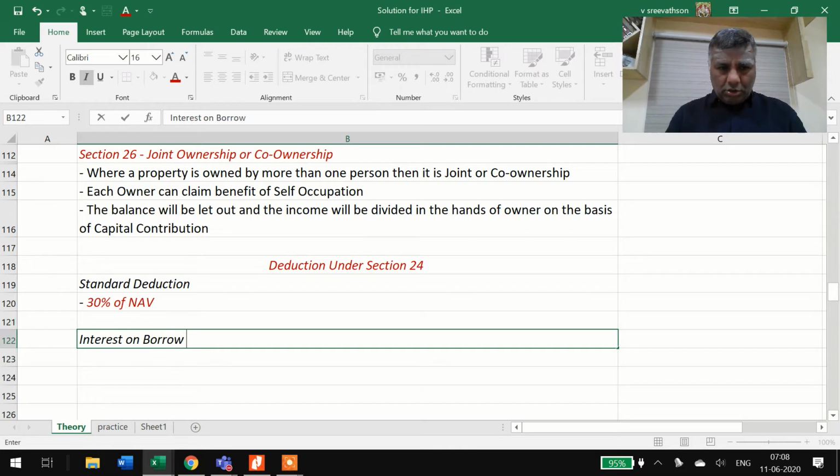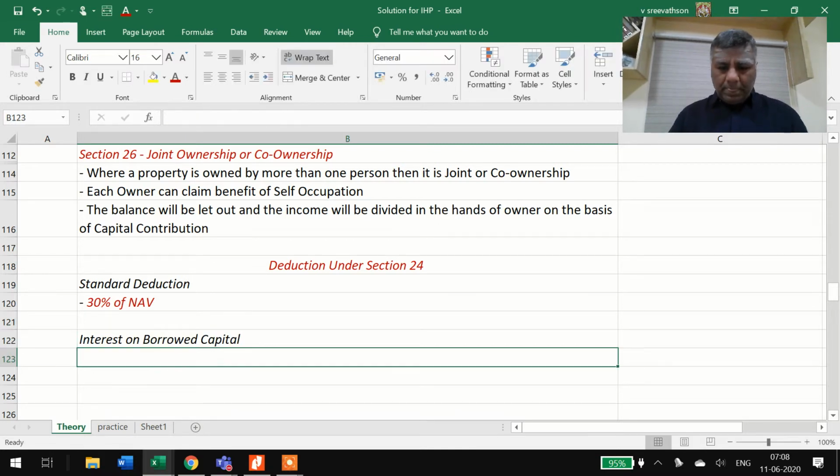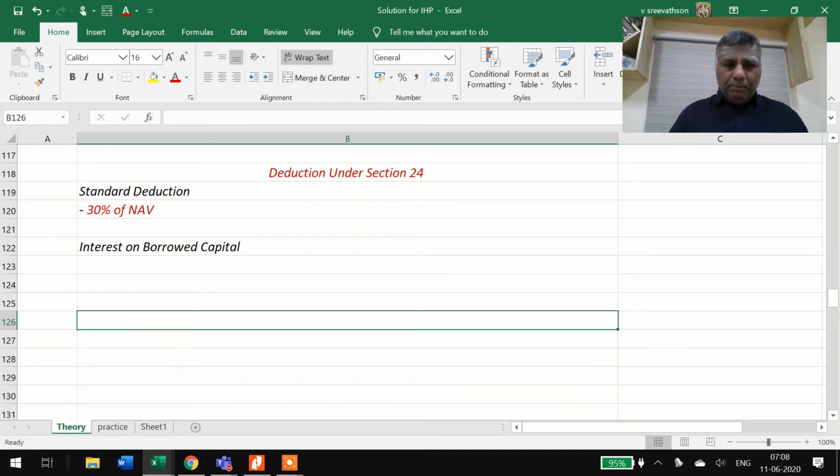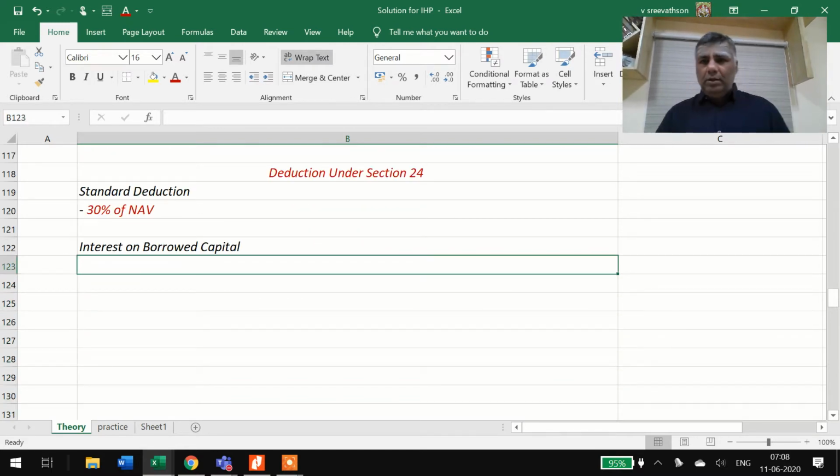Interest on borrowed capital. What is that borrowed capital?